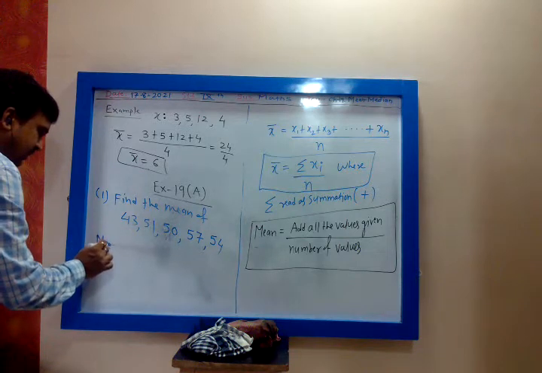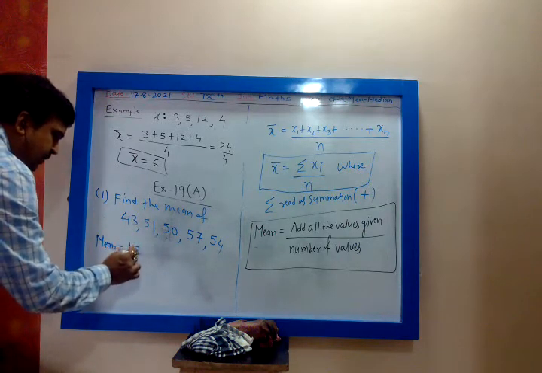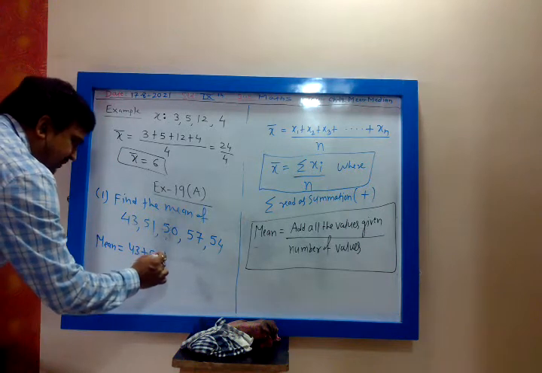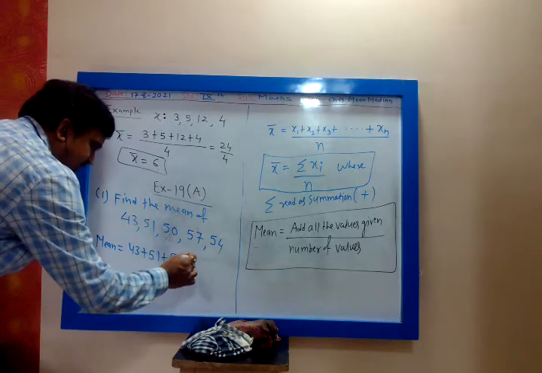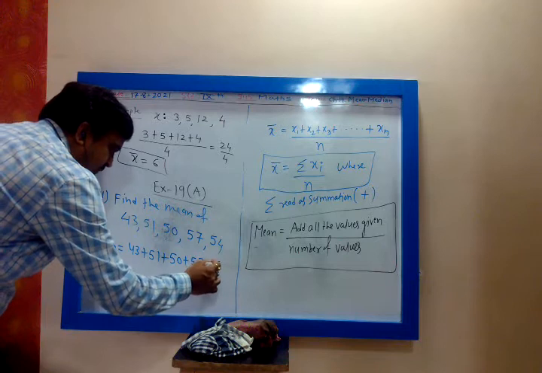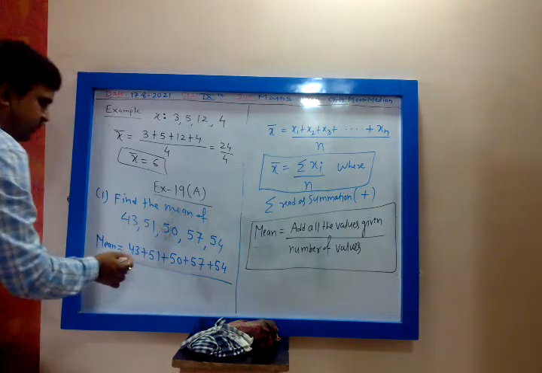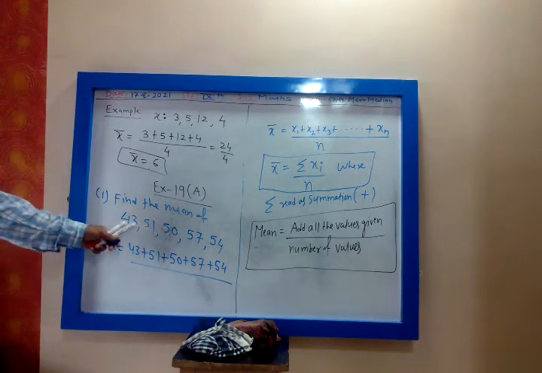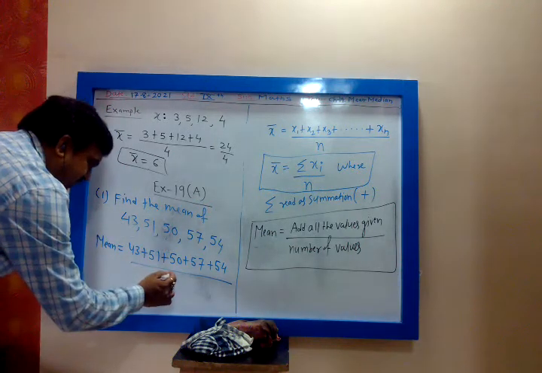Mean value will be 43 plus 51 plus 50 plus 57 plus 54, divided by the total number of values given, 1, 2, 3, 4, 5. Divide by 5.